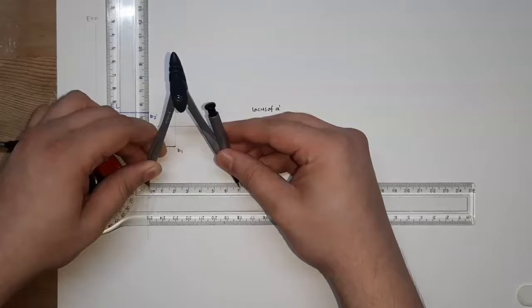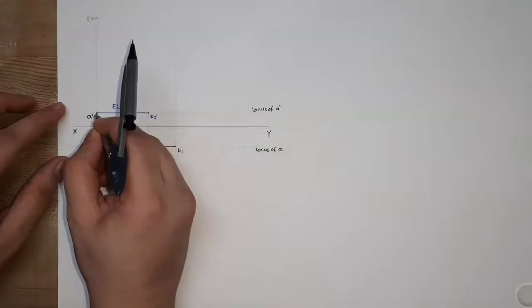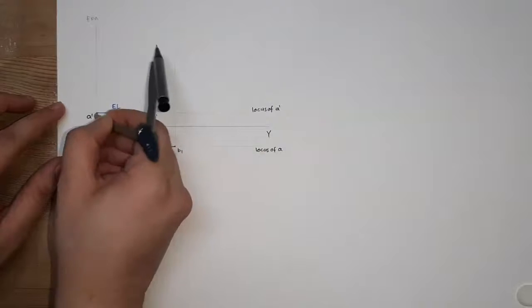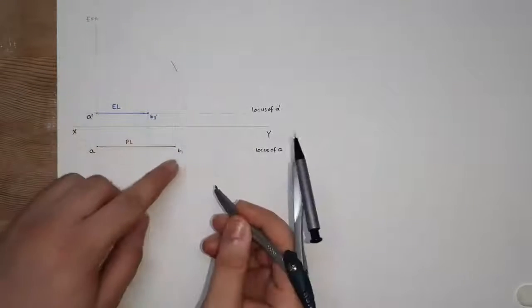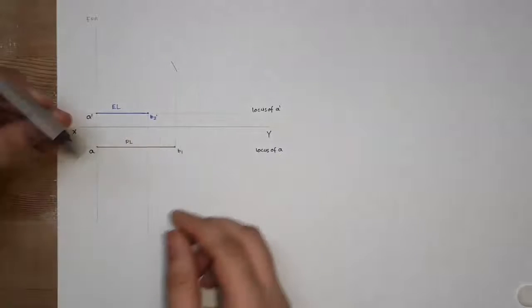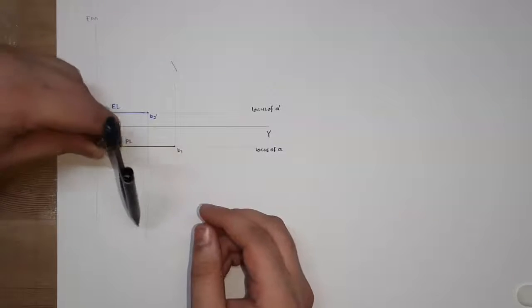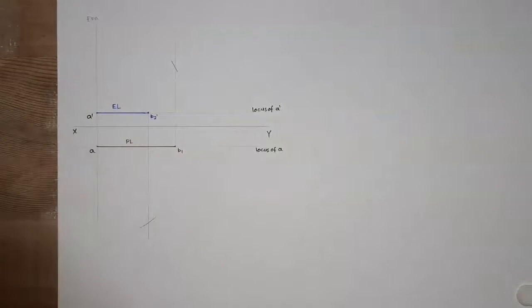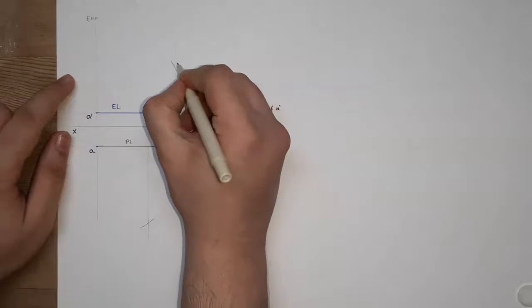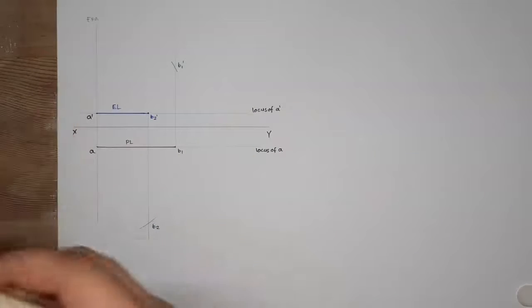I'll place my rounder at A dash and cut on the projection of B1. Similarly, I will place my rounder at A and cut over here. I'll name these 2 points as point B1 dash and point B2.